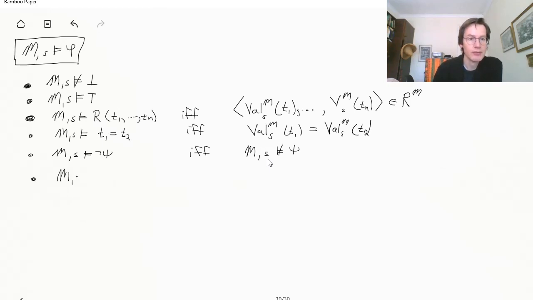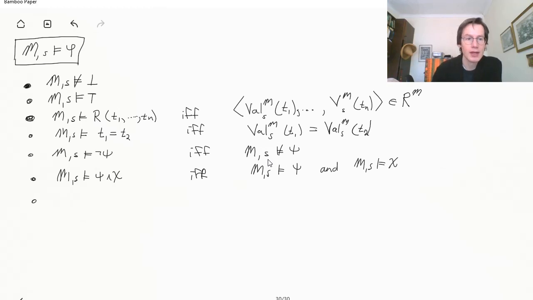So if my formula is a conjunction, say between psi and chi, that's going to be true as expected if and only if, in the same structure, relative to the same assignment, both psi and chi are true.